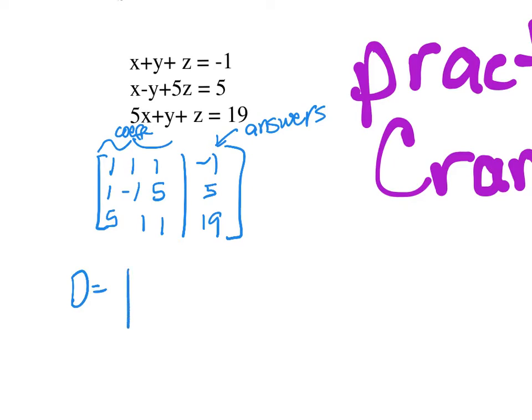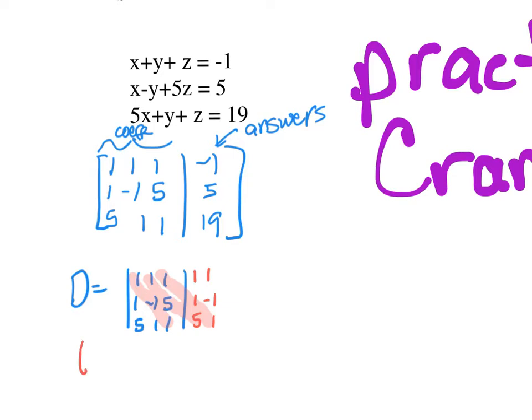So we have 1, 1, 1, 1, negative 1, 5, 5, 1, 1, and then we are going to recopy the first two columns. So 1, 1, 5, 1, negative 1, 1. We're going to find our majors and our minors. So here, here, here.